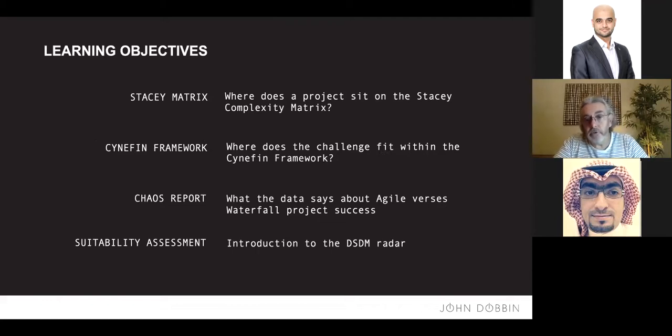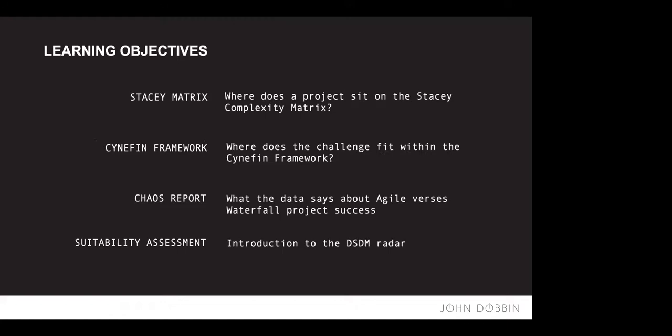And so what we're going to do is I'm going to introduce you to a matrix called the Stacey Matrix. It's a very simple matrix where we can look at where our project falls and make a decision about where to put our project based on that. I'm also going to show you the Cynefin framework, which is a bit more advanced, and it looks at the challenge from a slightly different frame, similar but slightly different.